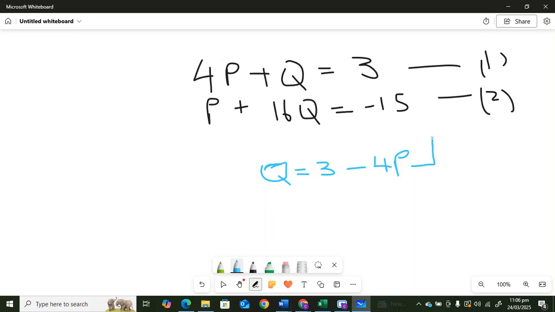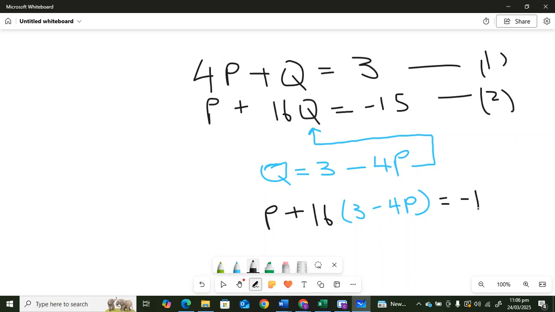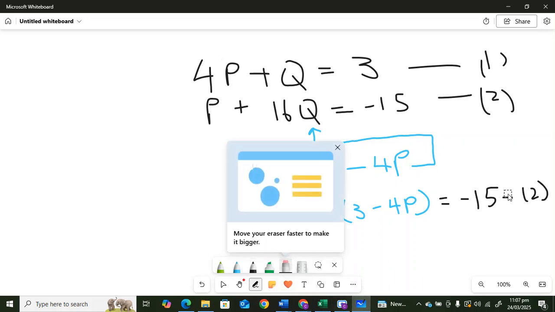Okay, so this new equation, put it into equation 2. p plus 16, so substitute Q with 3 minus 4p equals negative 15. Remember this is equation 2. Oh, let me not put it like this. You might think I'm subtracting from 2.